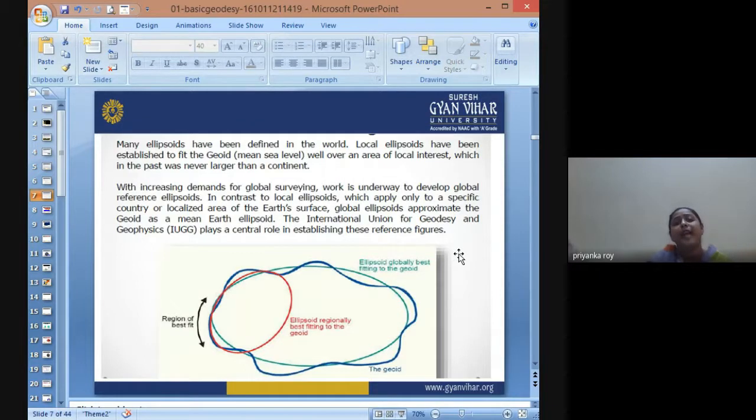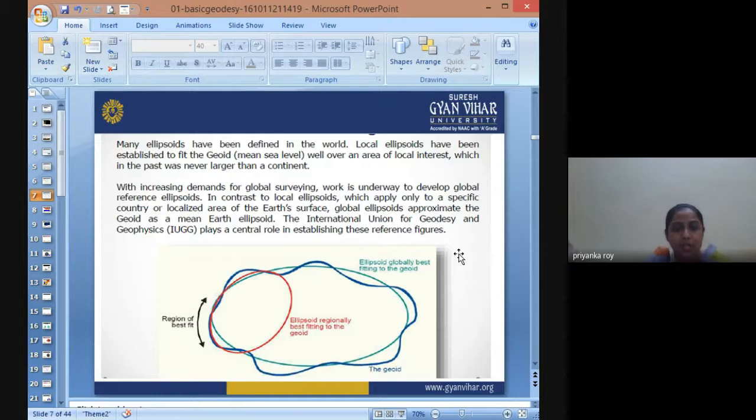Now, many elliptoids have been defined in the world. Some are local elliptoids, established to fit the geoid, that is the mean sea level, well over an area of local interest, which in the past were never larger than the continent itself. So a technique originating in Asia will have a different geodetic pattern or measurement, whereas similar activity going on in America will have a different one, because they are representing that part of the geoid.